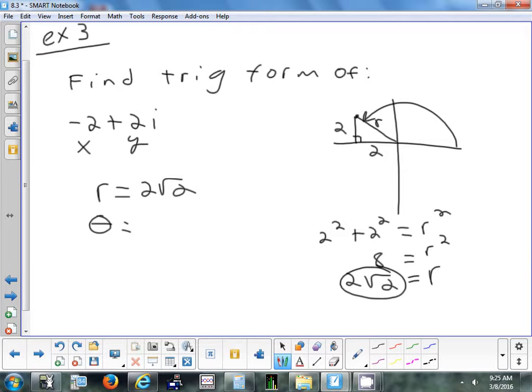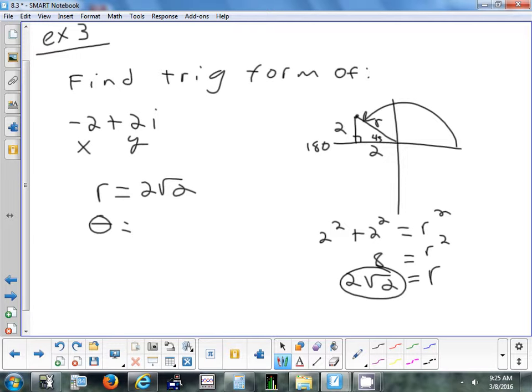It's a 45, 45, 90, because it's isosceles and it's a right triangle. So if you know that this angle is a 45, and you know all the way around is 180, how much is this big angle? Brendan? 135. It's 135.